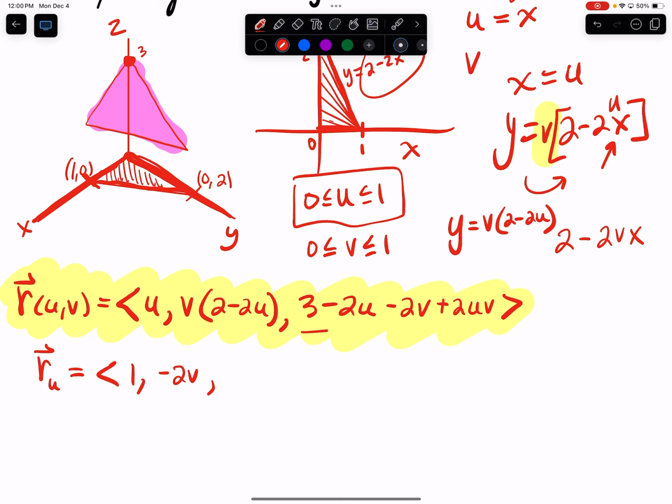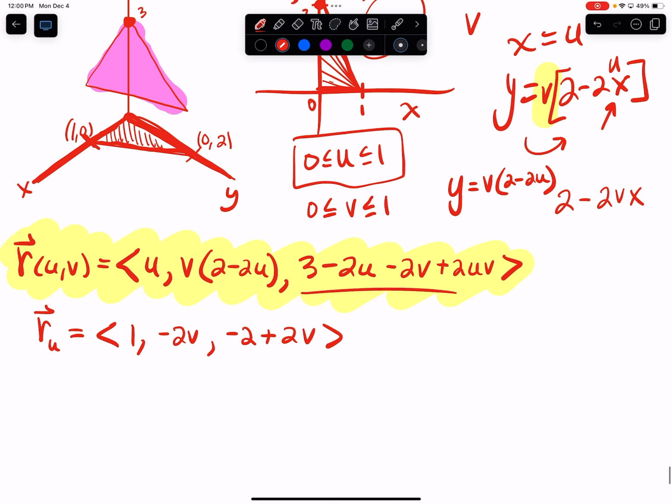And the derivative of z with respect to u is negative 2 plus 2v.